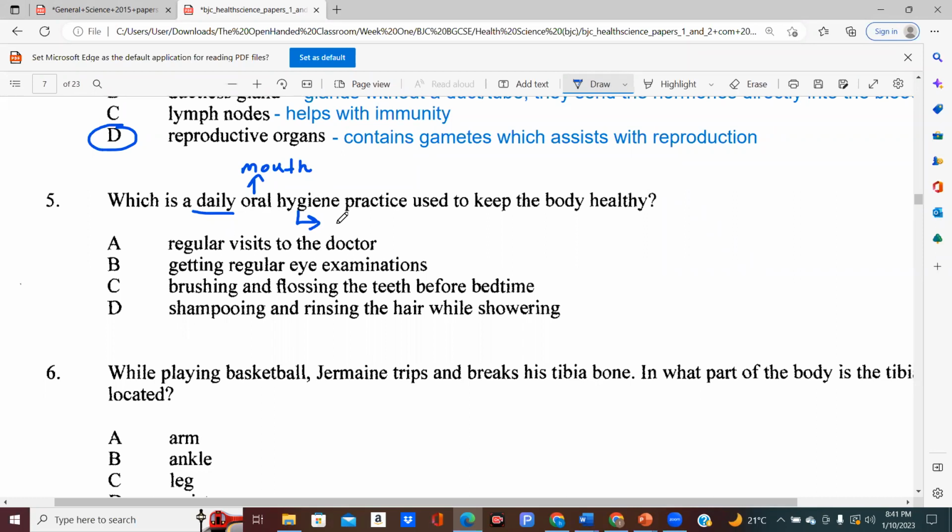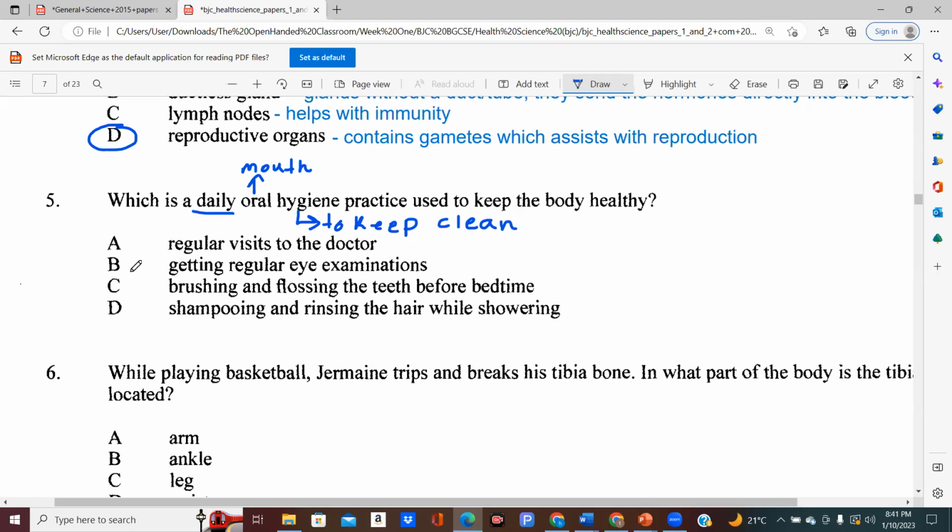To keep clean. Very good. So hygiene refers to your state of cleanliness. If I say you have good hygiene, that means you keep yourself clean. If you have bad hygiene, that means you keep yourself dirty.